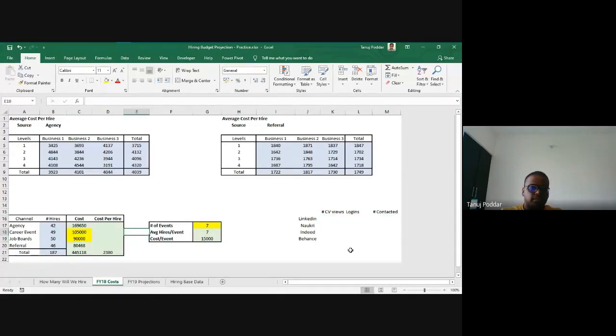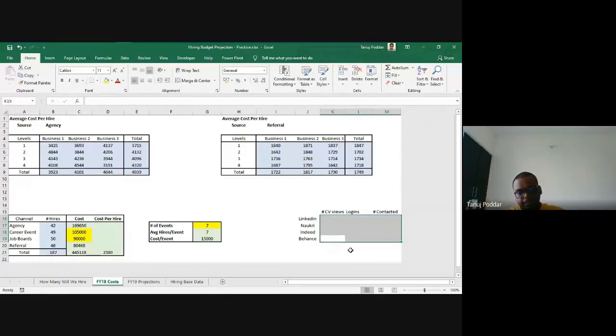The difference between the costs that we calculate for career events and for job boards is that at the start of the year we'll have some idea of what the cost is going to be for the different job boards, because these are prepaid services.